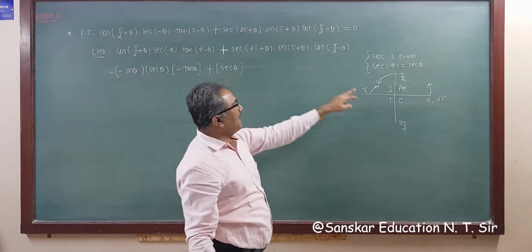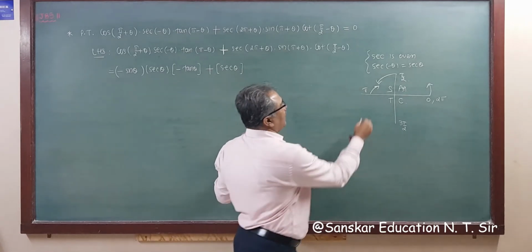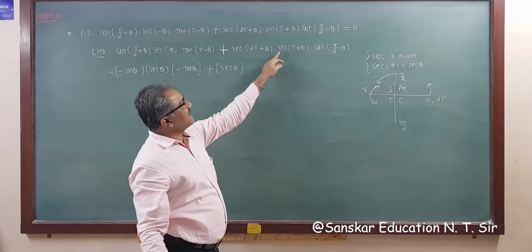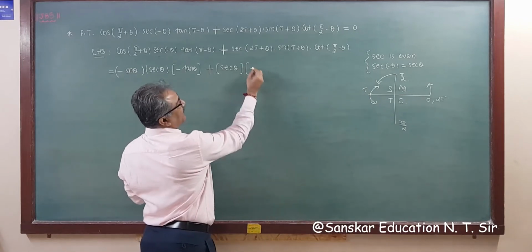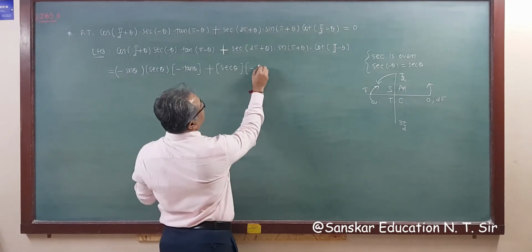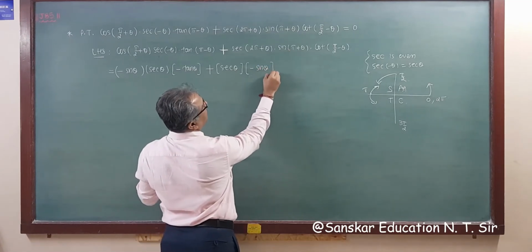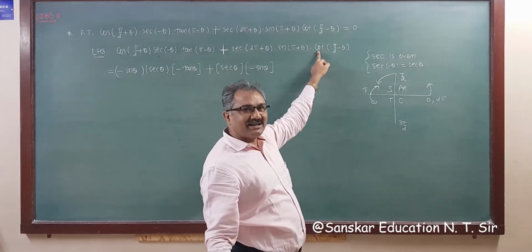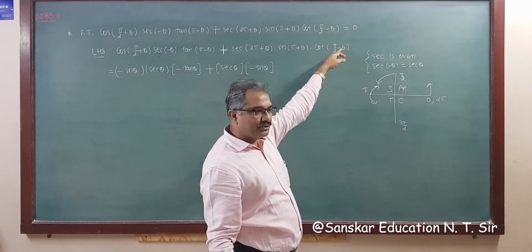Sin(pi + theta): pi is here, plus theta means third quadrant, where sin is negative. So negative, and for a multiple of pi, no change. The answer is minus sin theta. Then cot(pi/2 - theta): first quadrant, so plus, and cot changes to tan.